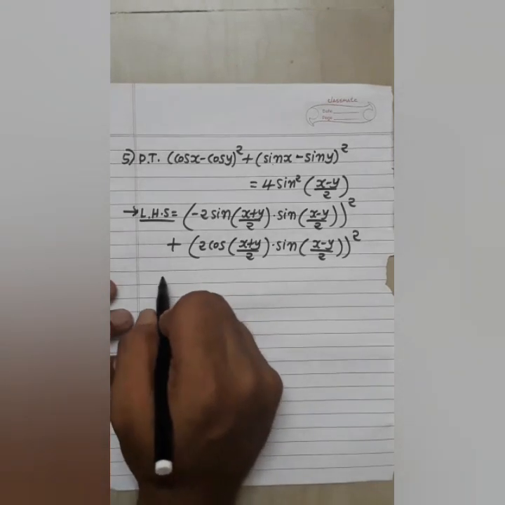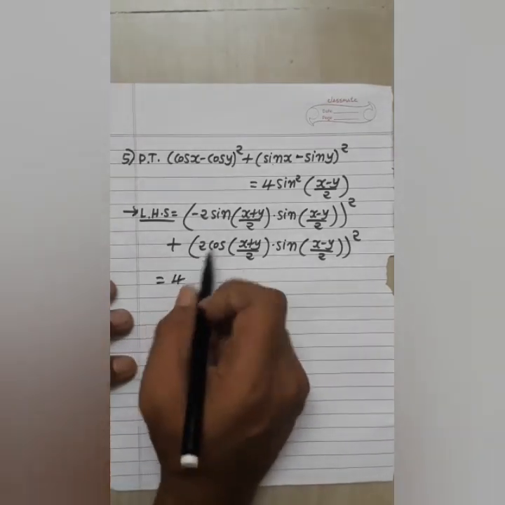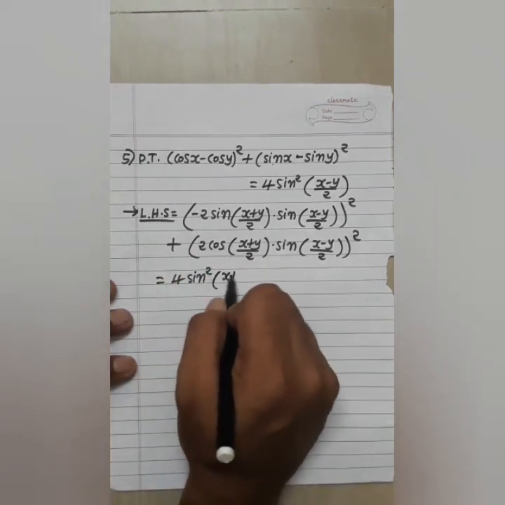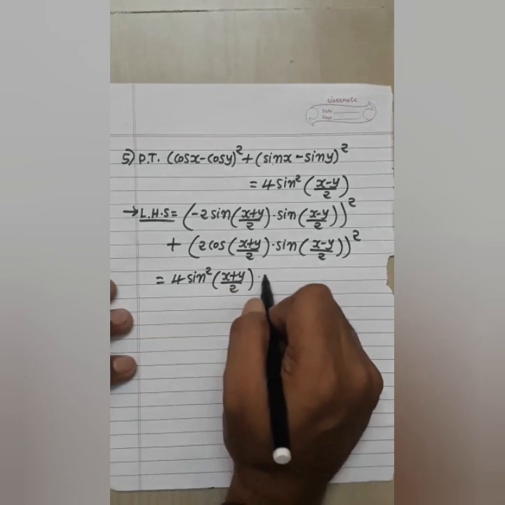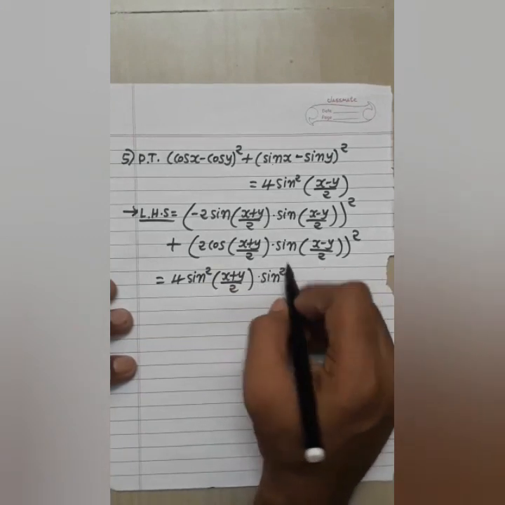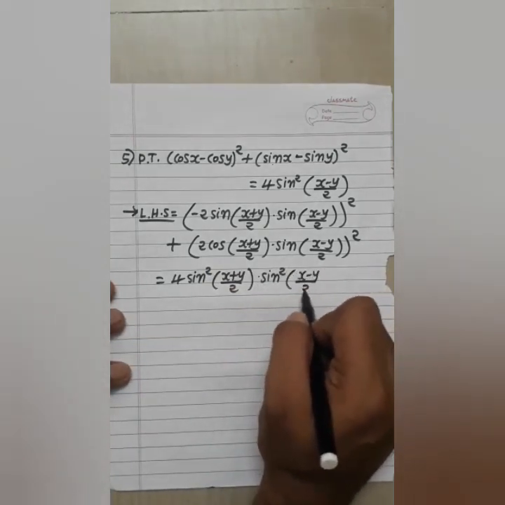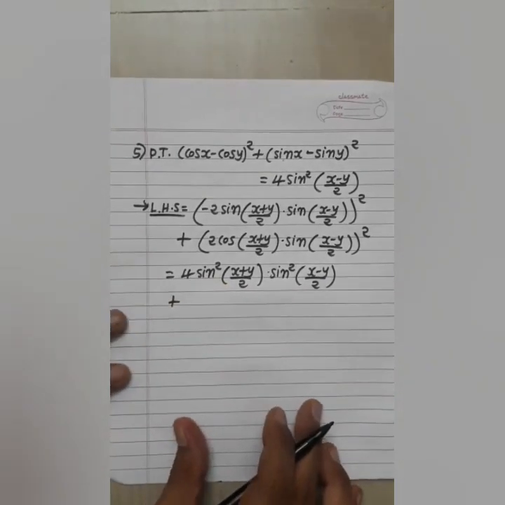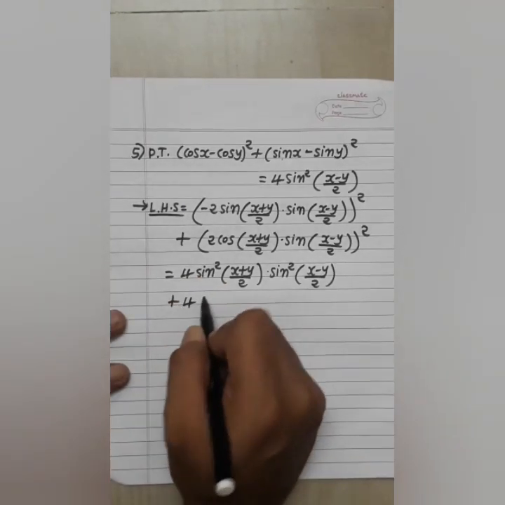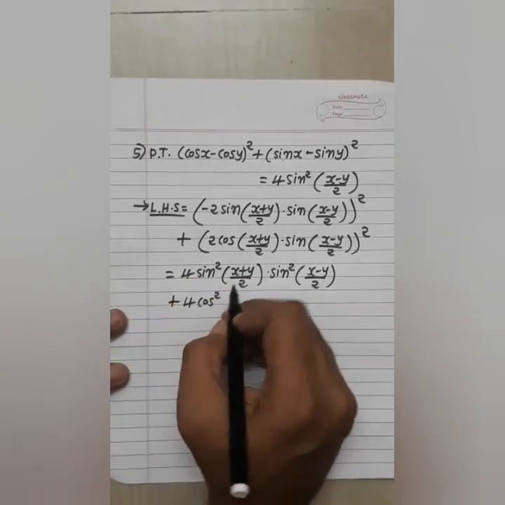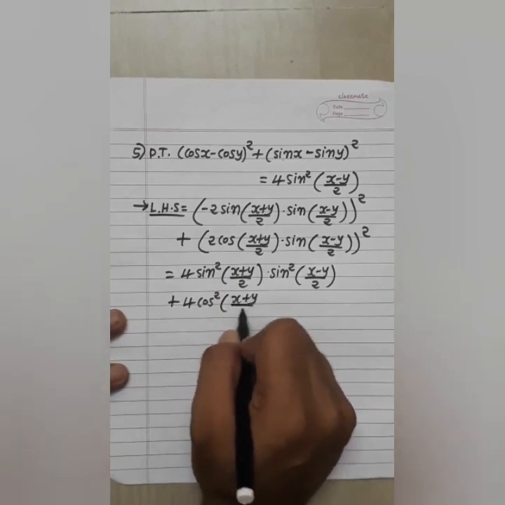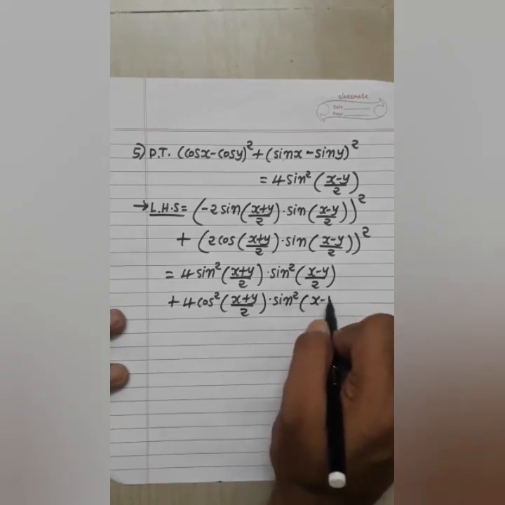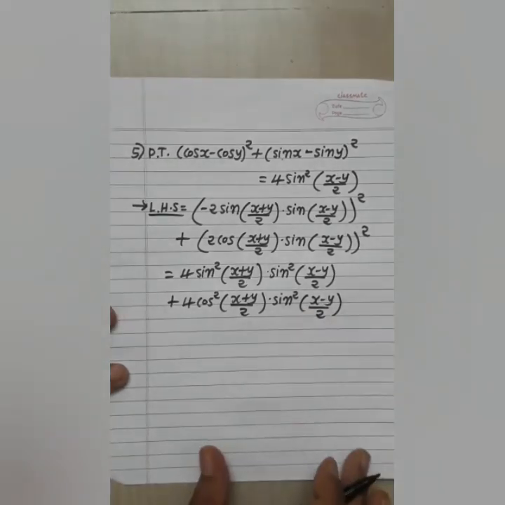Now simplify this. Minus 2 square, that means 4 sin square (x plus y) divided by 2 into sin square (x minus y) divided by 2, in between plus sign, 4 cos square (x plus y) divided by 2 into sin square (x minus y) divided by 2.